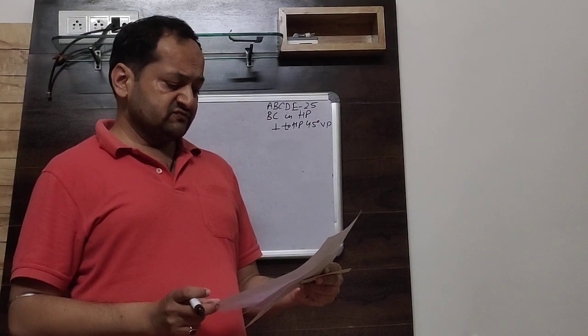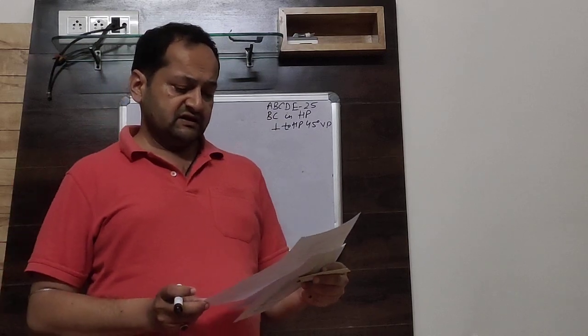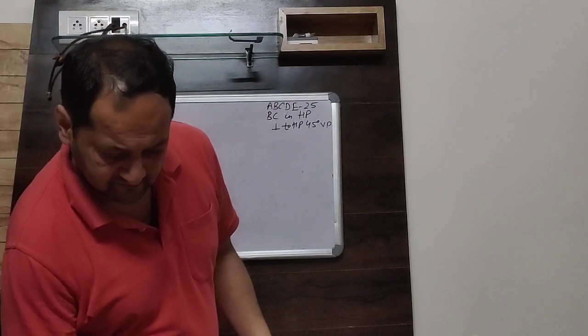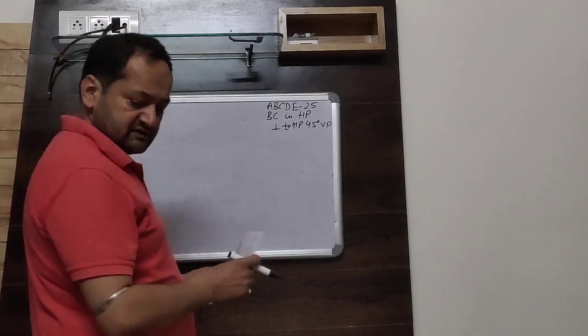Show its traces when its corner nearest to the VP is 10 mm from it.